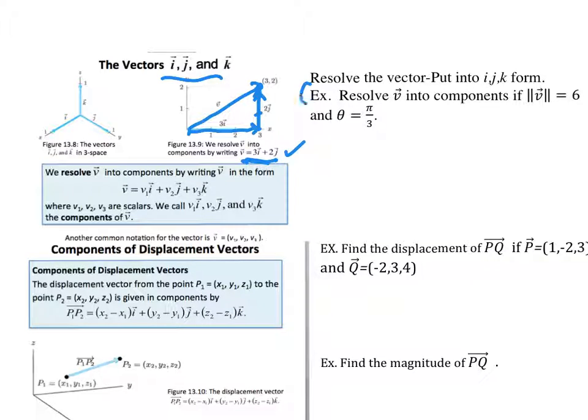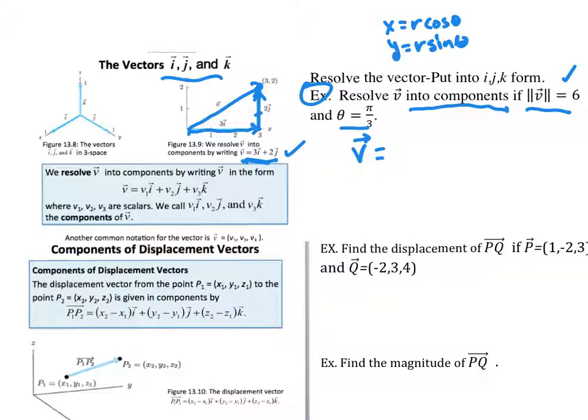So for instance, let's do this example. If I want to resolve a vector v into components, if I know that the magnitude is 6 and then theta is equal to pi over 3. Well, this goes back to similar to our polar coordinates where we know this. So if I want to do the same thing here, what I can do is vector v is going to be equal to, I have one component that's going to be the magnitude times the cosine of theta.